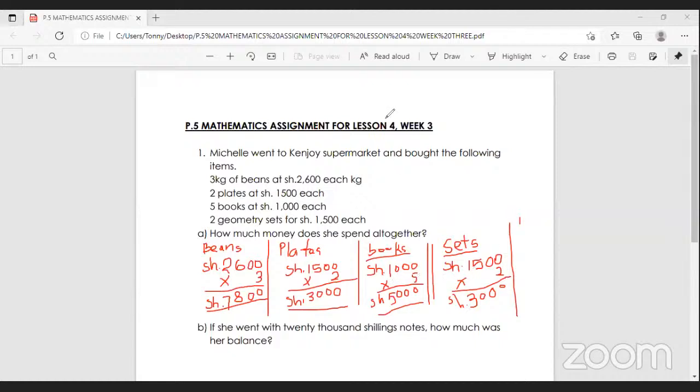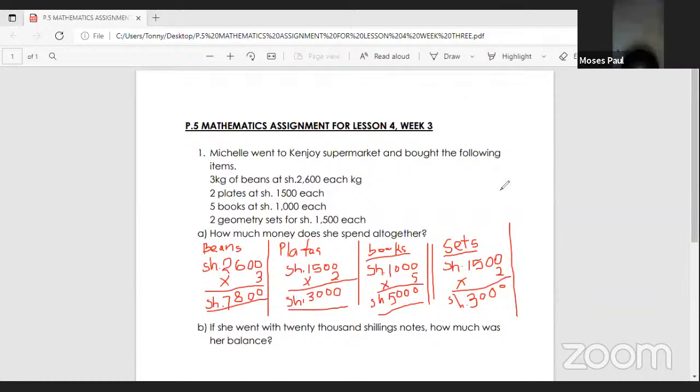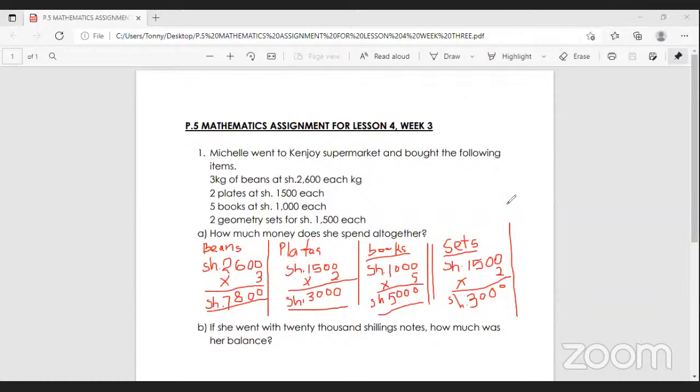So in this case now, you are supposed to get the total expenditure, the total bill, the money that you have spent altogether on those items. So to get the money that you have spent altogether, you add these ones that you have been multiplying. For example, number 1, you will add 7,800. Here we are looking for the bill now.